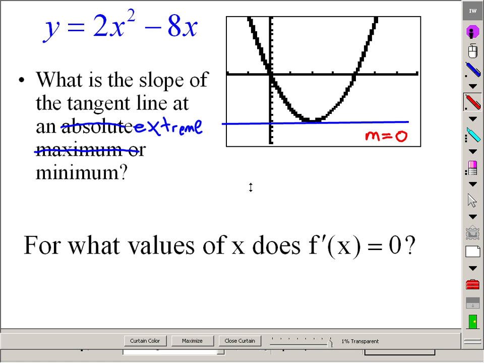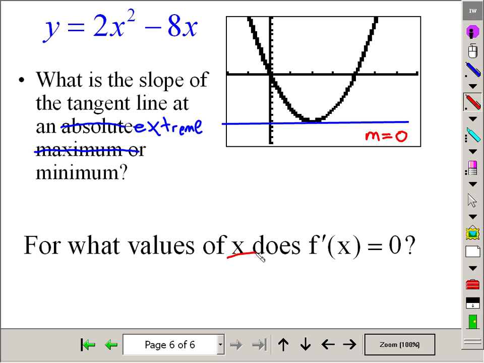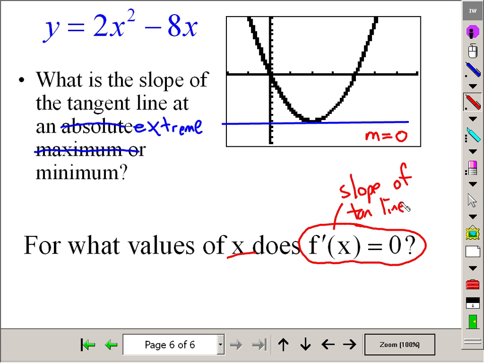So to figure out this x coordinate, what we can do is figure out for what values of x the slope of the tangent line equals 0.